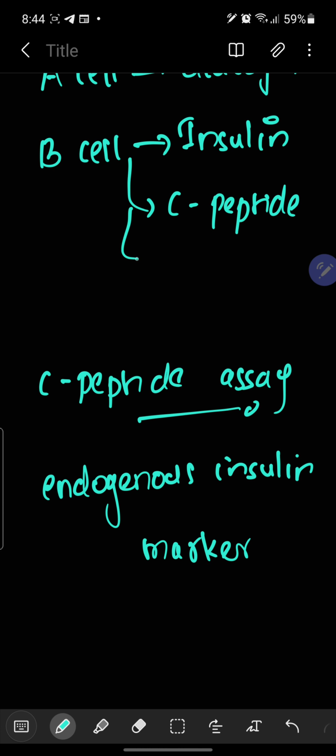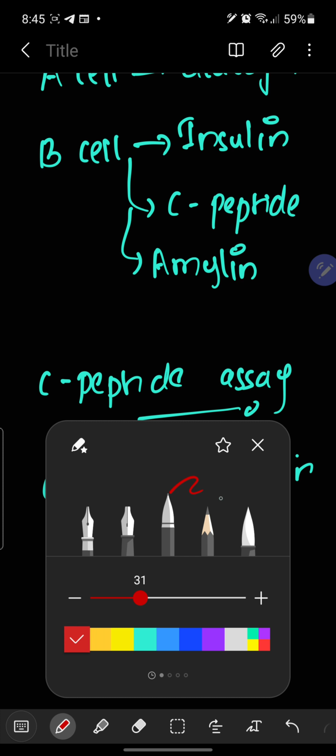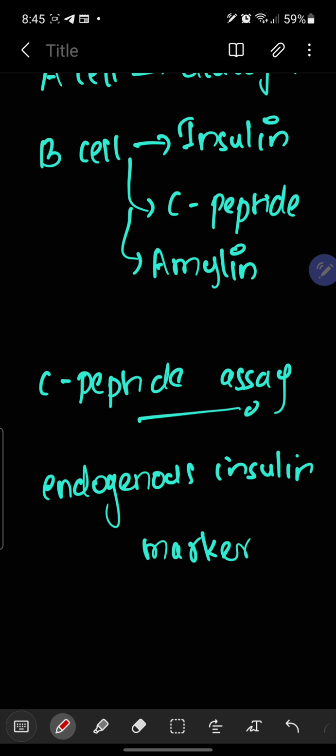The B cell also produces amylin. This will increase the potent action of insulin. That means the insulin action is increased. There is an analog of amylin which is called pramlintide.